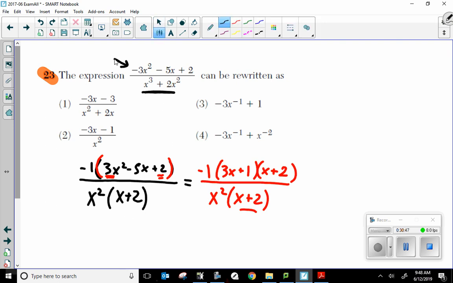So let's start canceling where we can. And the only thing I can cancel, oh. You see this right here is a negative 5? Oh, look what we did. I took a negative 1 out here, but I didn't take my negative 1 out here and here. This should be a plus 5 and a minus 2.